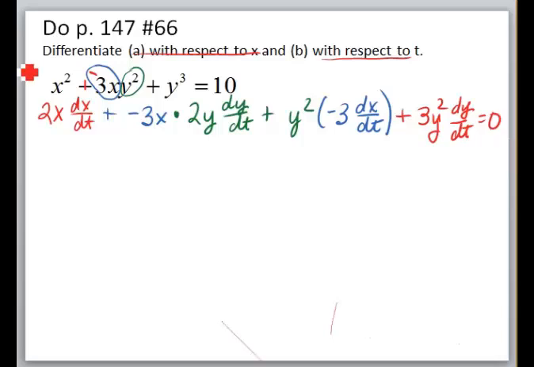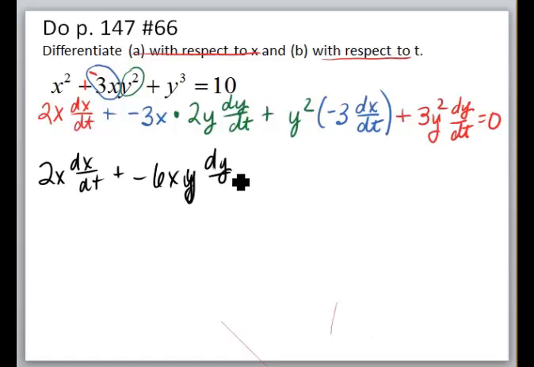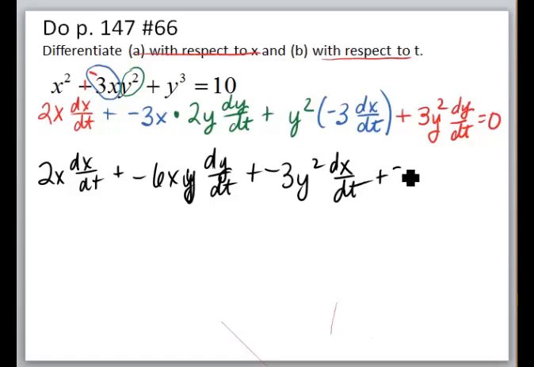So looking at this problem, I have really 2x dx over dt plus -6xy dy over dt plus -3y squared dx over dt plus 3y squared dy over dt equals 0.